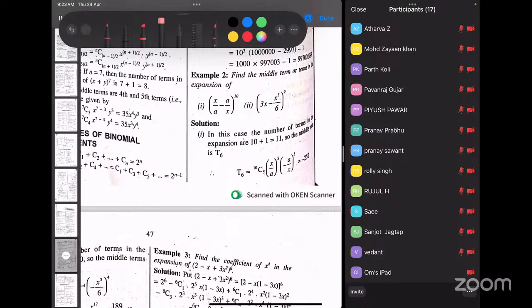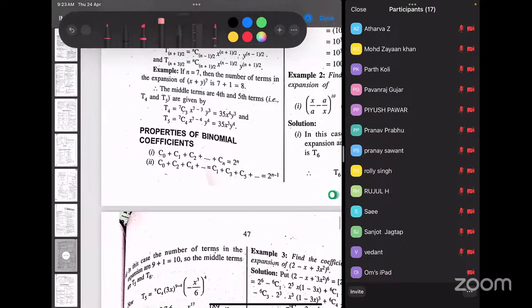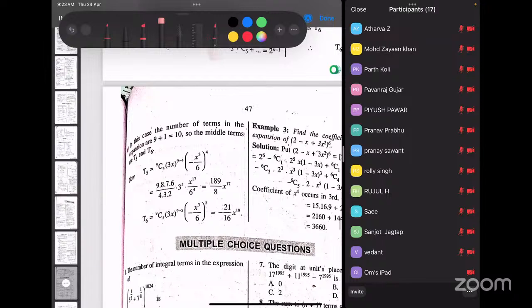In the next example, we have n odd, so n plus 1 will be even. If n plus 1 is even, there are two middle terms. One will be (n plus 1) by 2, that is 9 plus 1, 10 by 2, that is fifth. And another one will be the sixth one. So in this case, we will have T5 and T6.